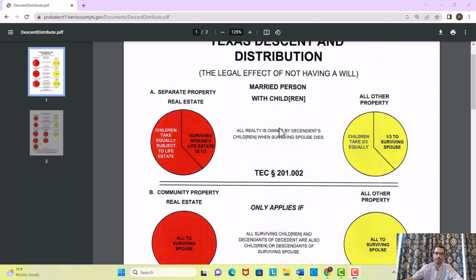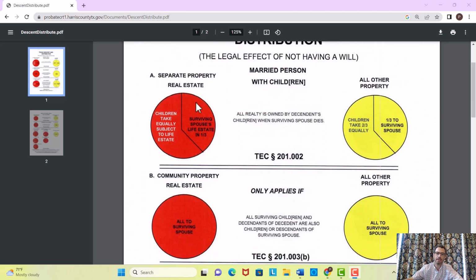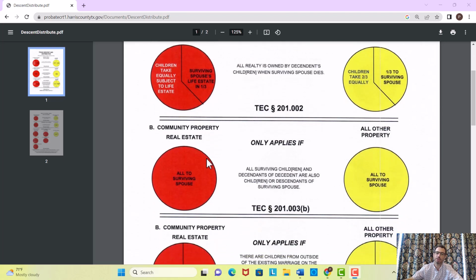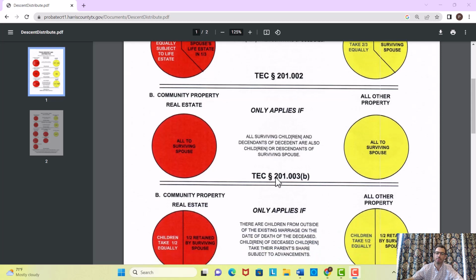The first section deals with a married person that dies with children. Section A deals with the separate property when a married person dies with children. Section B deals with the community property when a married person dies with children, where it's a nuclear family situation and all the children of the decedent and the children of the spouse are one and the same.